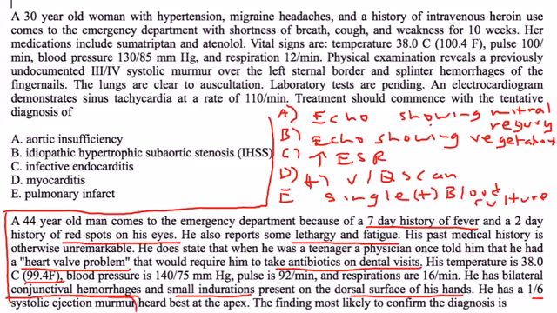The finding most likely to confirm the diagnosis is, okay, well, he's got a fever, he's got a history of a heart problem, and he has a murmur, and he's also got these characteristic physical exam findings. So it all leads to endocarditis.